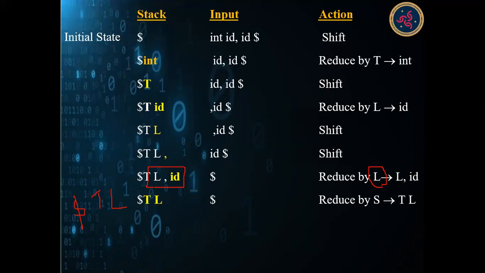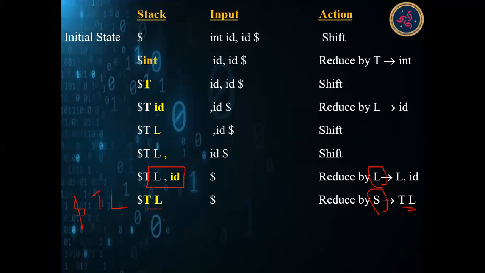Okay, so now your input buffer is empty, still your stack is not empty, right? So we need to do more operations. Again there is T L, and there is a production S gives T L. So here the reduce operation can be applied. Instead of T L, this will be popped out from the stack, and the left hand side of this production is S, so we can push the symbol S here.